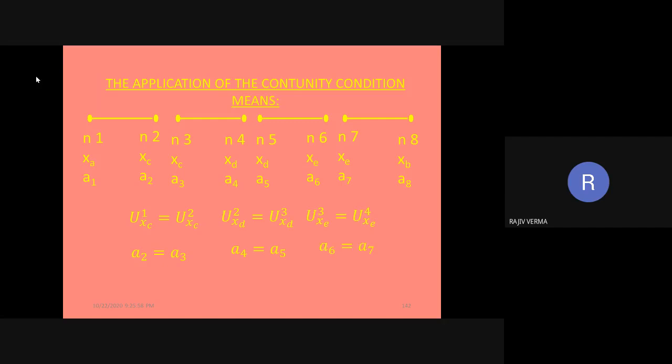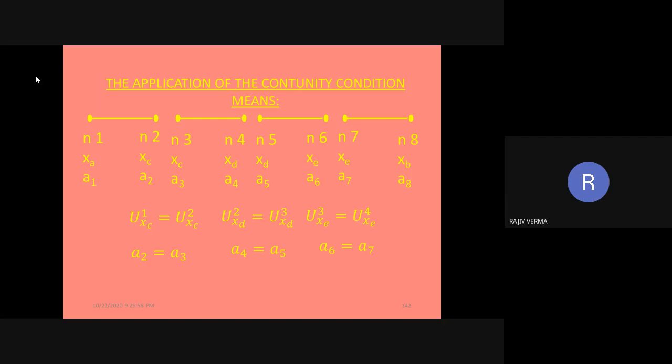Now these continuity conditions, when implemented in the trial functions, give us the three constraint equations given by a2 is equal to a3, a4 is equal to a5, and a6 is equal to a7.